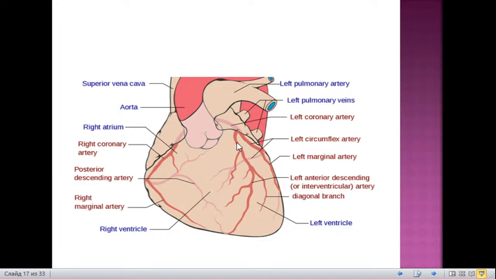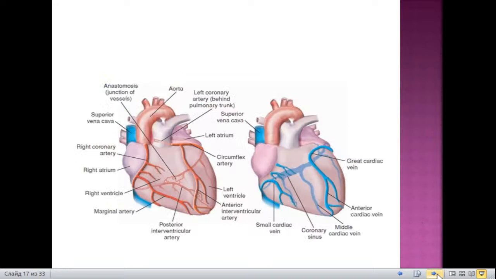And to complete the explanation of the cardiac circulation, we need to talk about the veins. We did not talk about the veins before, but at the heart we'll begin to talk about them. In reality, a heart has not only its own arteries, it also has its own veins.